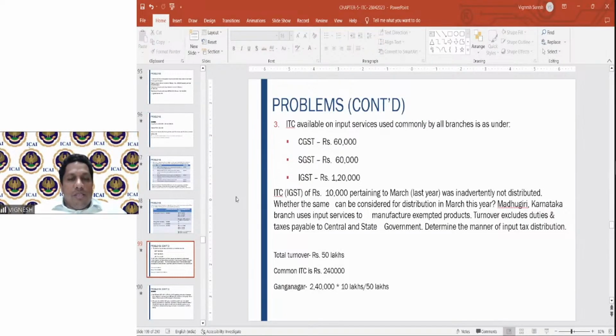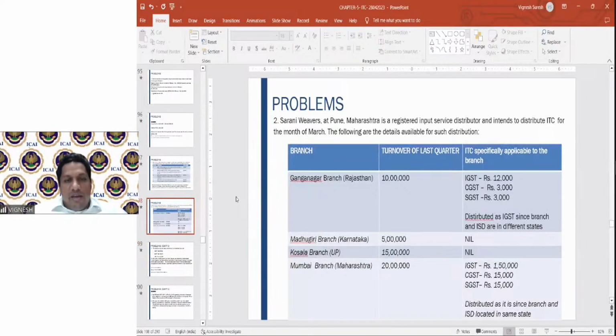This will go straight away as IGST credit. Why? It is located in a separate state. Separately 48,000 will go as an IGST credit. Similar way you have to do for Madhugiri: 5 lakhs by 50 lakhs into 2,40,000. So again, you have to distribute it.